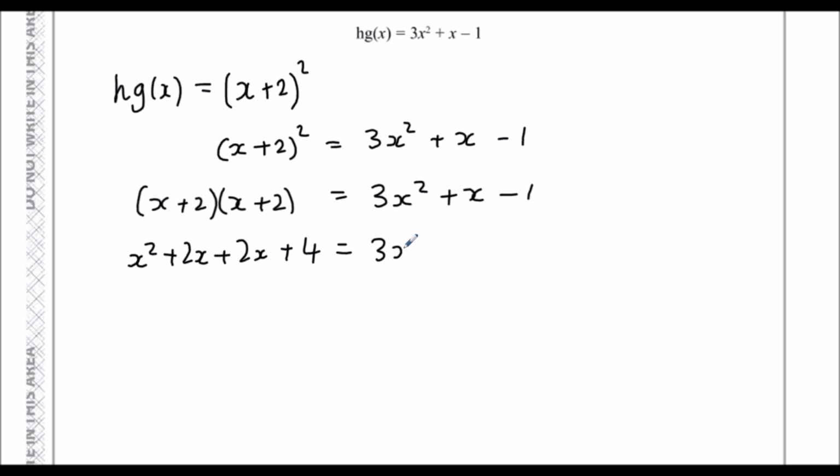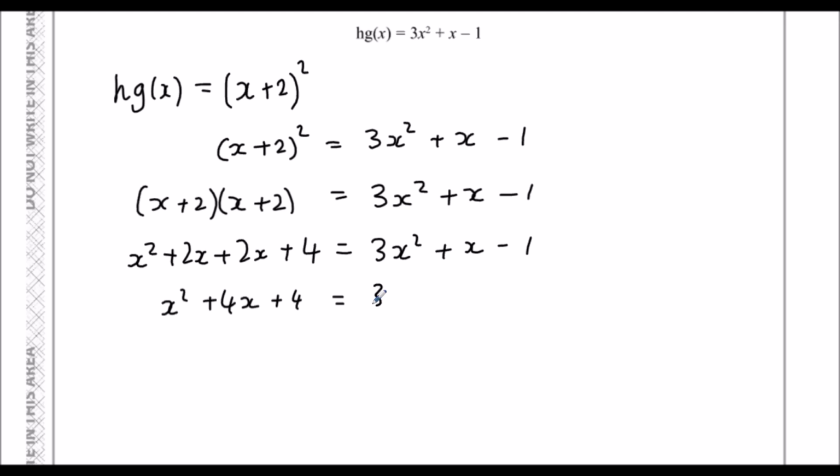And that's still equal to 3x squared plus x minus 1. I'm going to collect the like terms first. So 2x plus 2x is 4x.